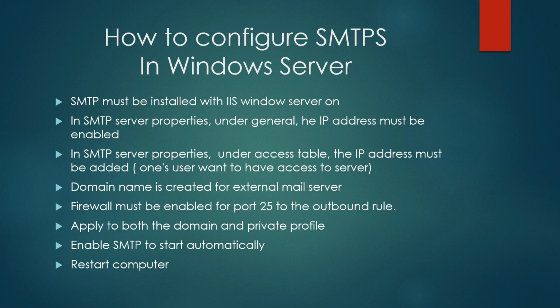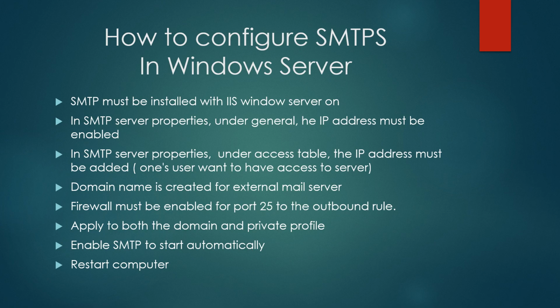Basically, the POP3S and the SMTP server functions are the same. They do the same thing and are configured the same way, so there is not much difference between them.